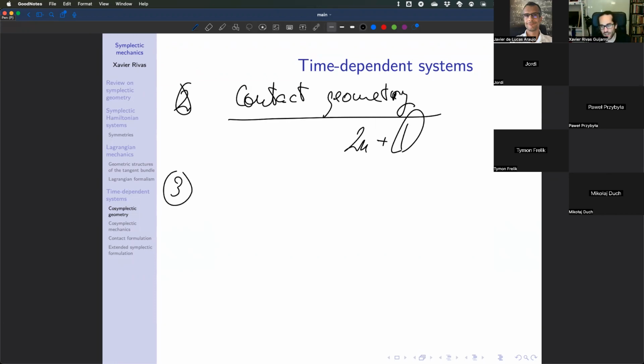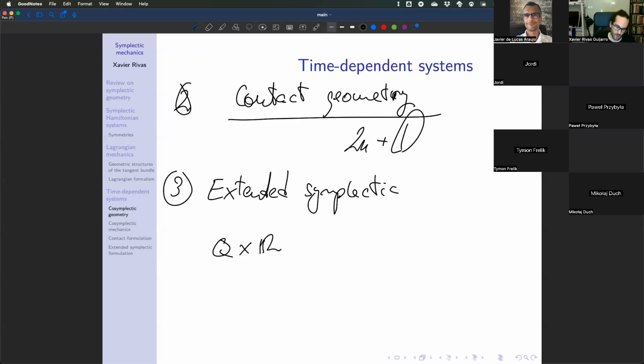In addition, you can use something which is called the extended symplectic formalism. This is my configuration manifold, right? If I want to include the time, why not just multiply by R?